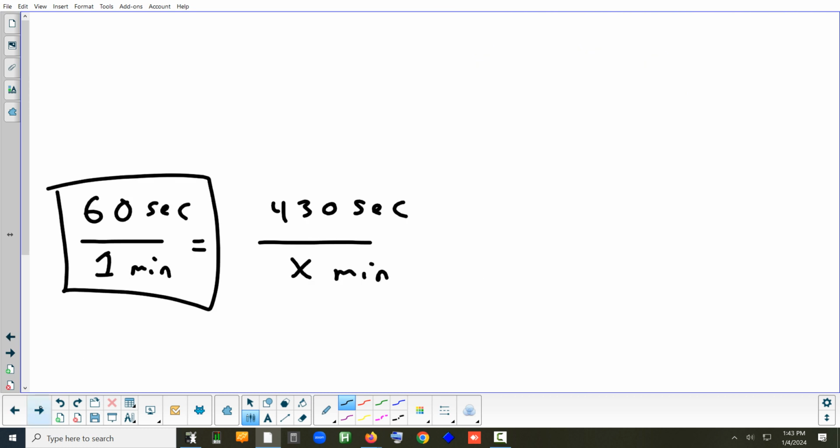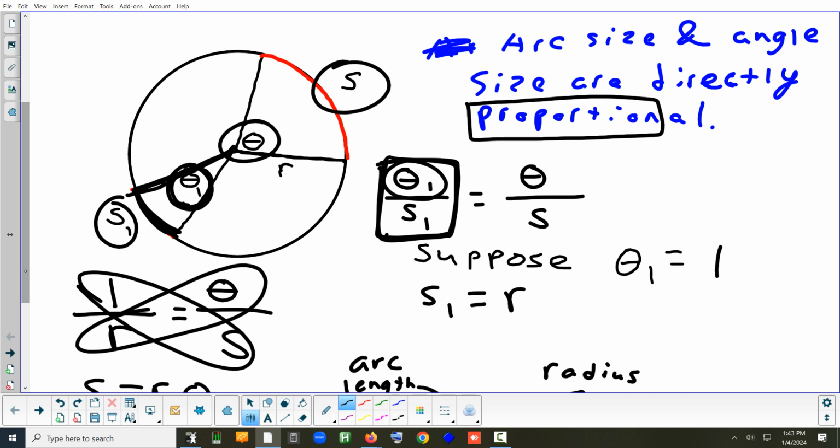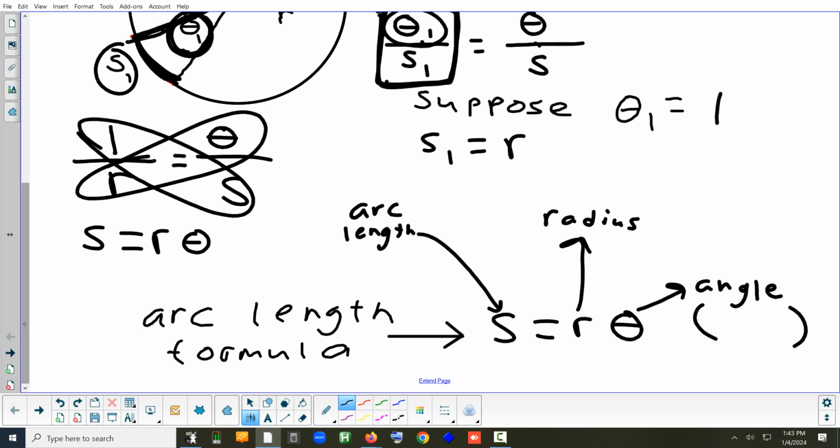Like in the earlier formula, you filled in seconds, so that formula is about seconds. It assumes you're going to put seconds here. You put 1 radian here. So when you fill your angle in, you need to put radians. So your angle in that formula has to be in radians.